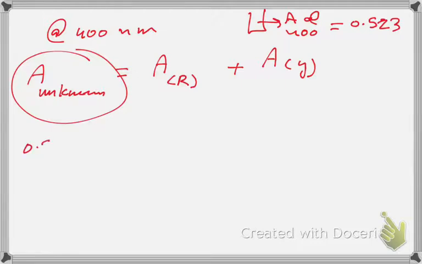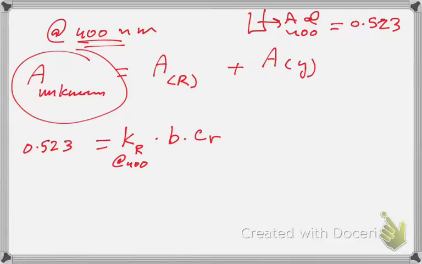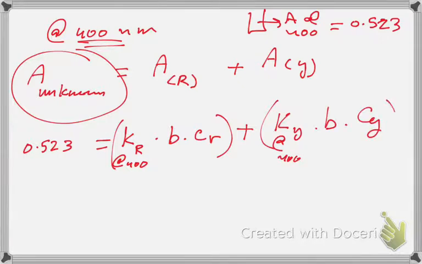What does that mean? It means 0.523 equals the absorbance of the red at 400, which equals K of the red at 400 times B times the concentration of the red in my unknown, plus the absorption of the yellow, which equals K of the yellow at 400 times B times the concentration of the yellow in my unknown. Let's see what we have and what we don't. This is measured. This I get from my standard curves.